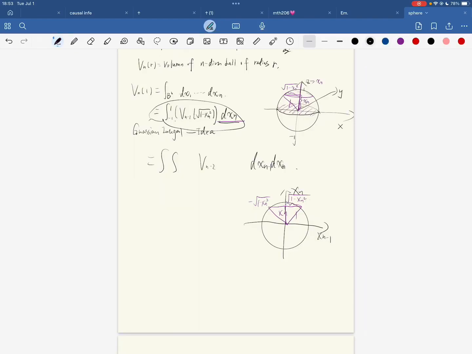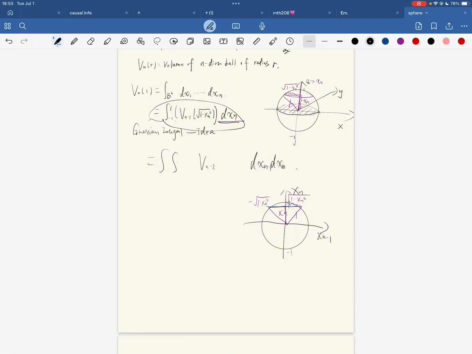Firstly, we know this integral is from minus this to positive this, and we integrate from minus 1 to 1.